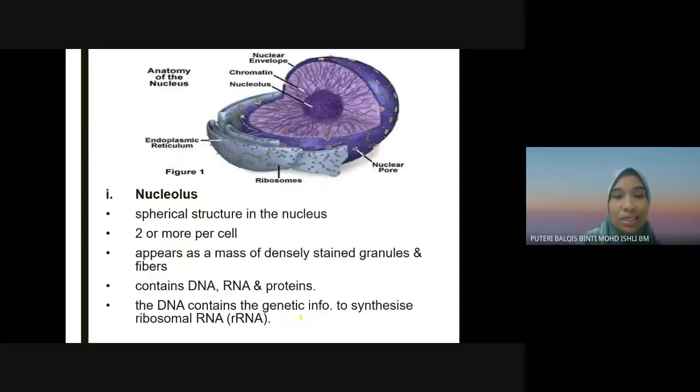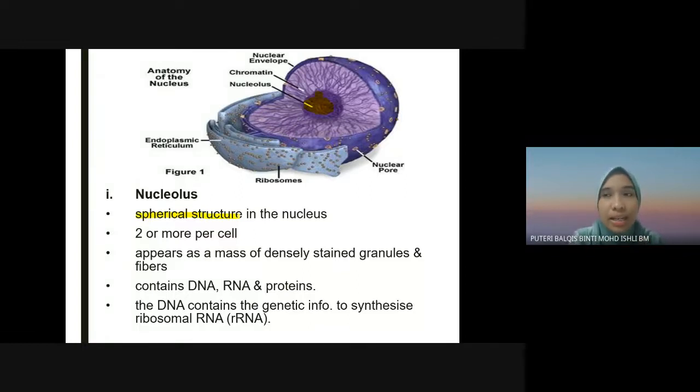Okay, this is nucleolus. Nucleus yang tengah-tengah ni, dia adalah spherical structure in the nucleus. Bayangkan nucleus tu kecil, dalam dia ada lagi yang kecil, iaitu nucleolus. Yang dalam dia ada DNA. Dalam lagi DNA daripada ada nucleotide. Lagi dia sangat-sangat kecil lah.